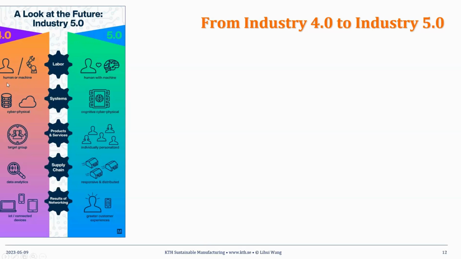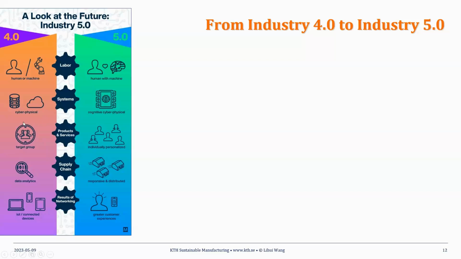Normally, we talk about human or machine, but in 5.0, it's human with machine. The machine can be a computer, can be AI, a machine with embedded intelligence for the human. At the system level, we are talking about cognitive human-physical systems instead of purely cyber-physical systems.